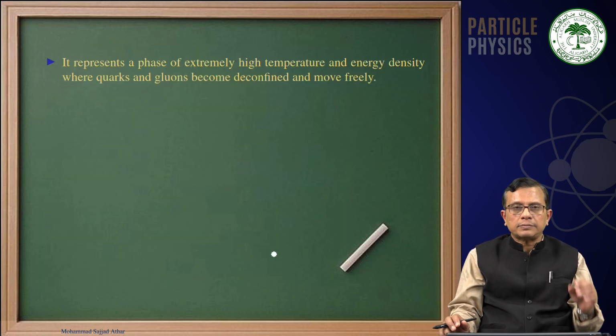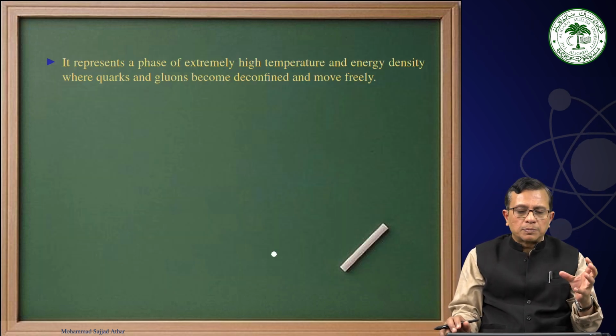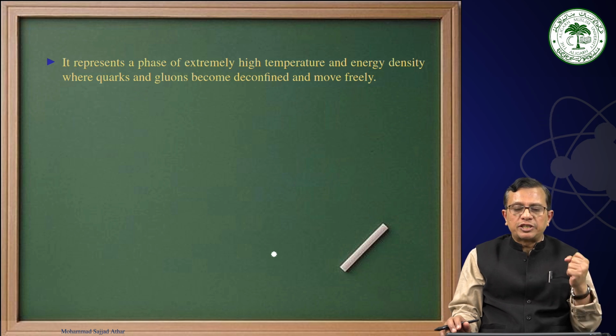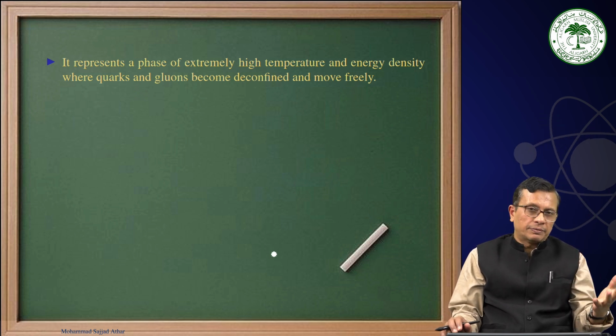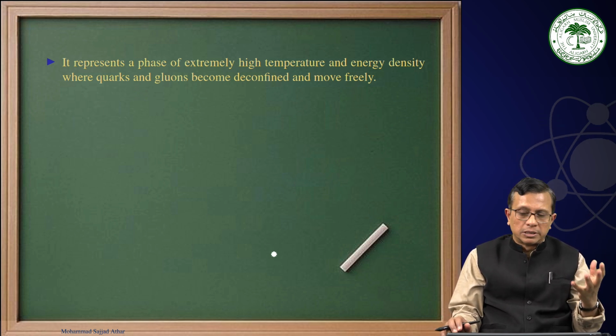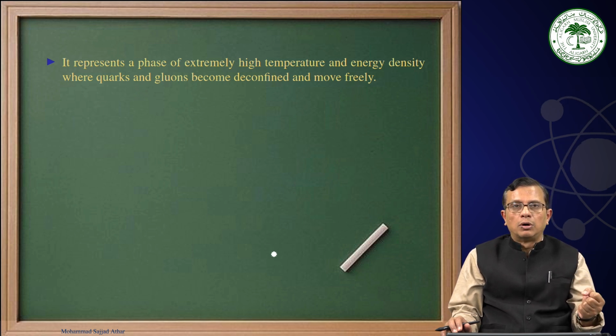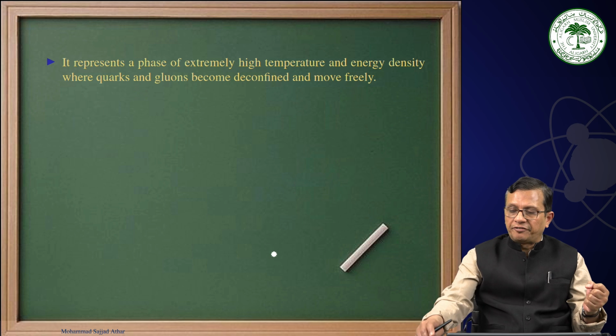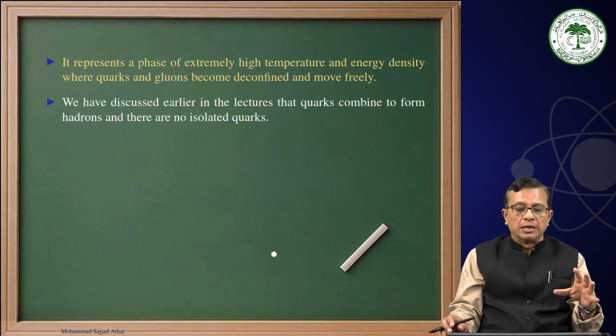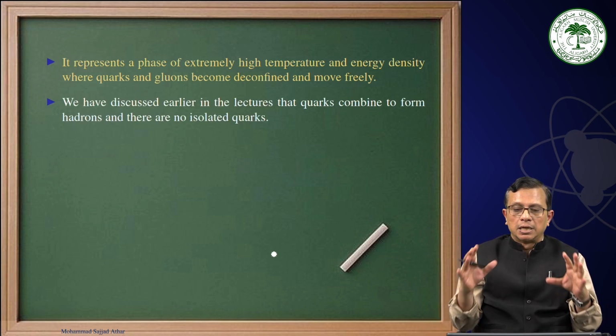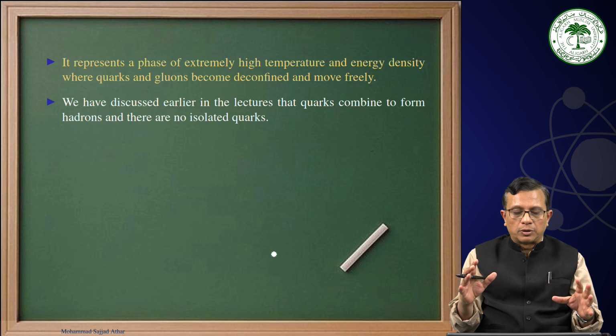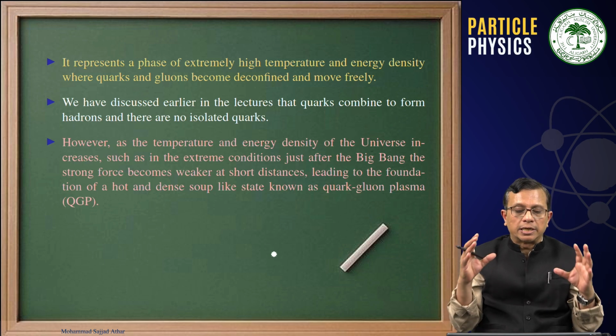Now, this quark gluon plasma represents a phase of extremely high temperature. We are seeing that this is about 10 power 13 degree Kelvin, and energy density where quarks and gluons become deconfined and move freely. We have discussed earlier in the lectures that quarks combine to form hadrons, and there are no isolated quarks.